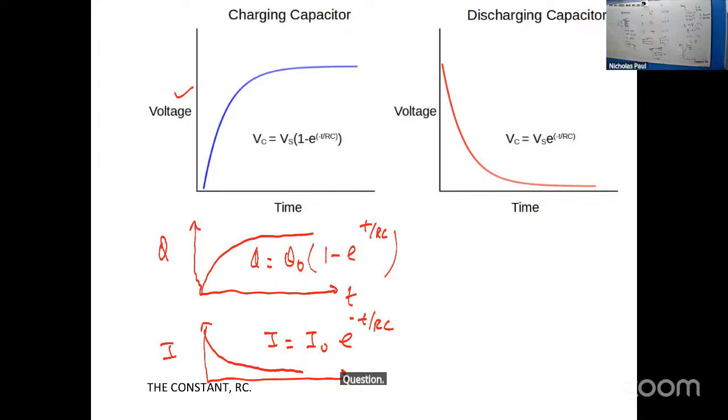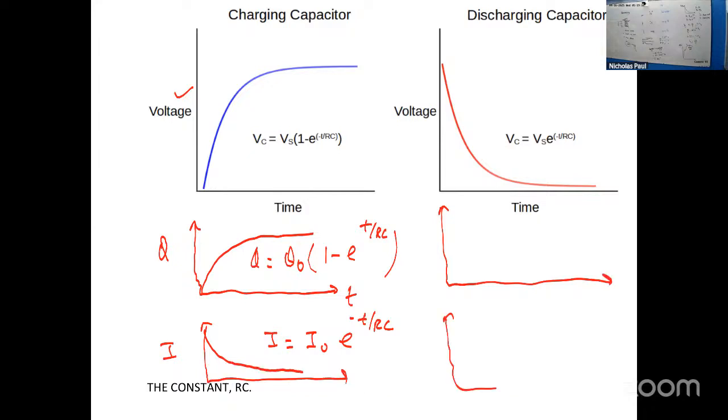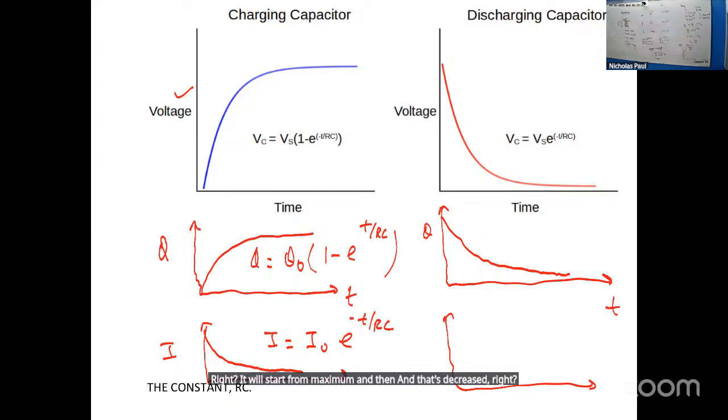Question. When I put it in discharge now, what will the graph of charge look like? It will start from maximum and just decrease. So that's charge versus time.